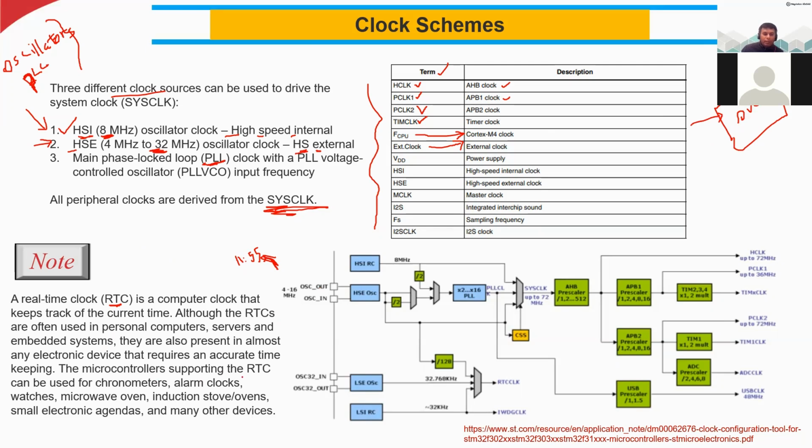Microcontrollers supporting the RTC can be used for chronometers. There are several applications. It also helps us have alarm clocks, alarm watches, microwave ovens, induction cookers, and so on. There are so many applications using this RTC. We set up an alarm in your cell phone, for example, for what time we have to wake up in the morning, or we have timers and so on.